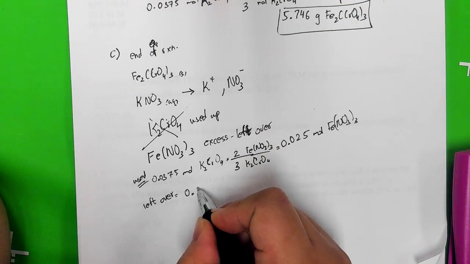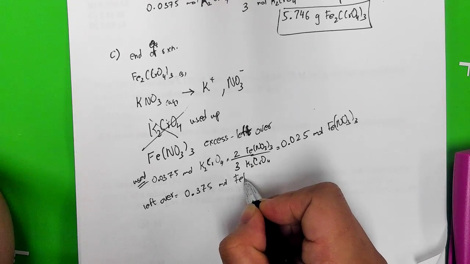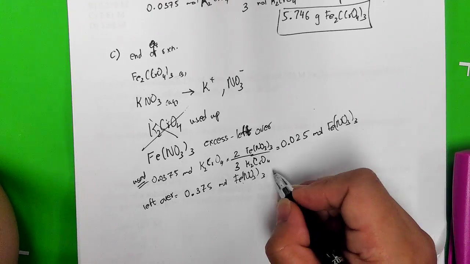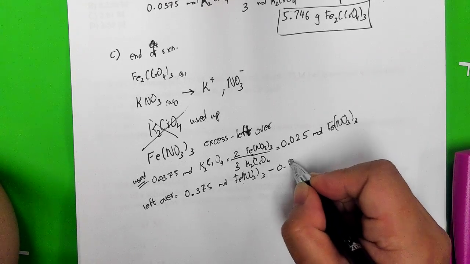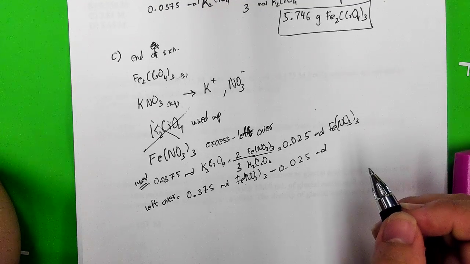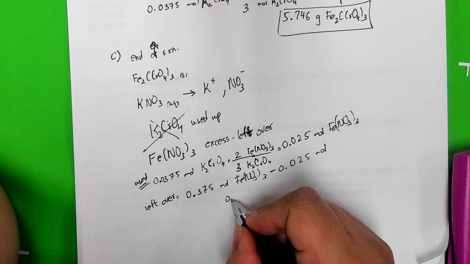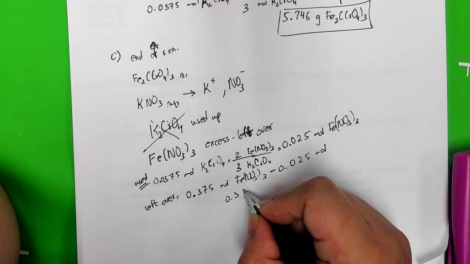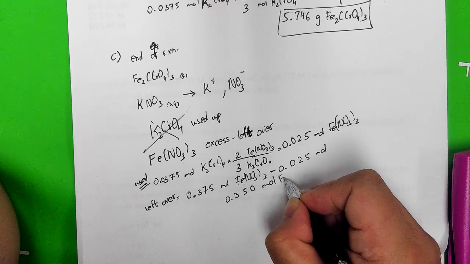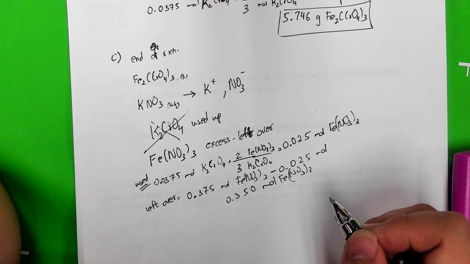You have 0.375 mole Fe(NO3)3 minus 0.025 mole, right? So that's going to give you 0.350 mole Fe(NO3)3.